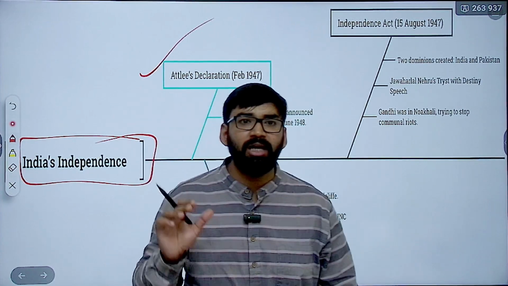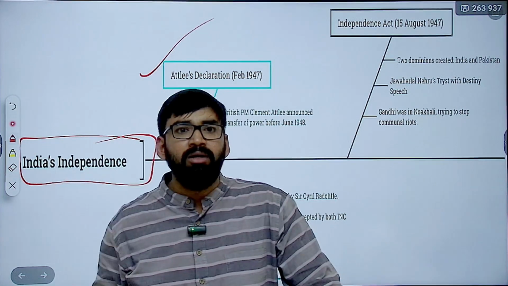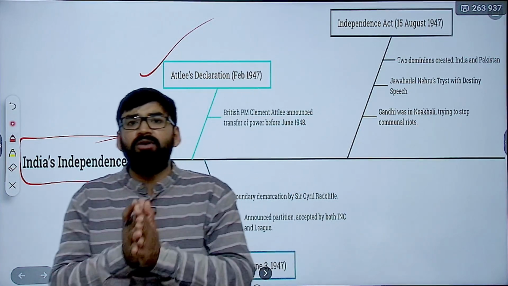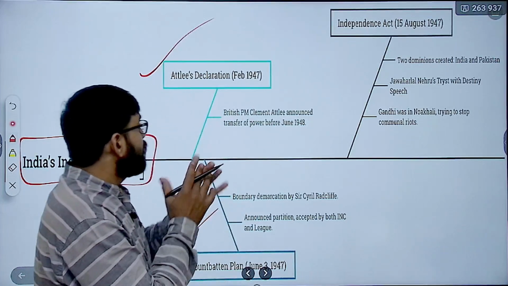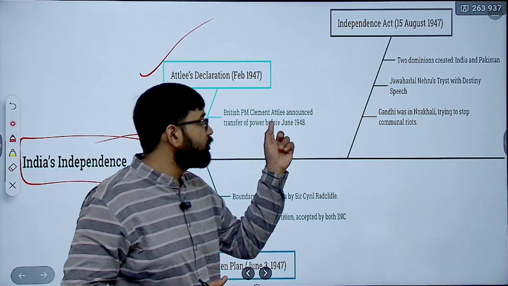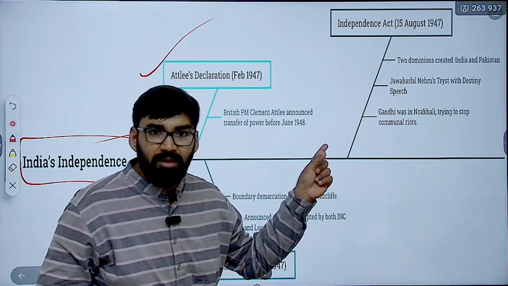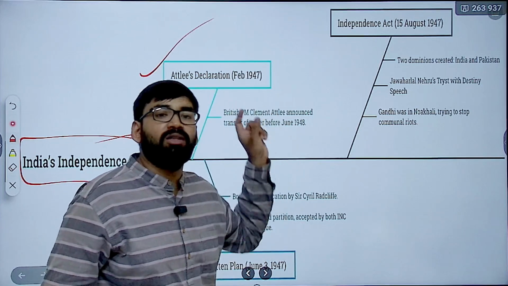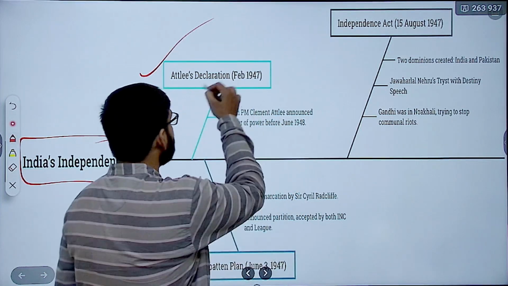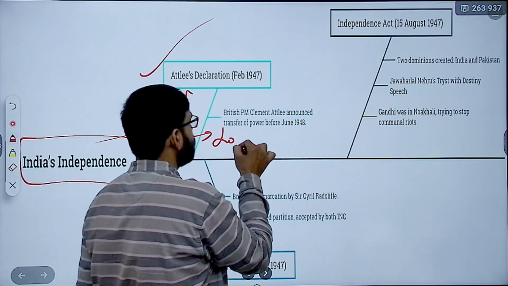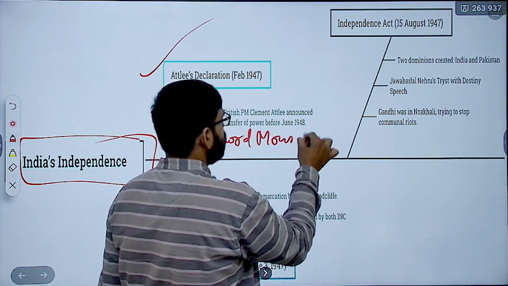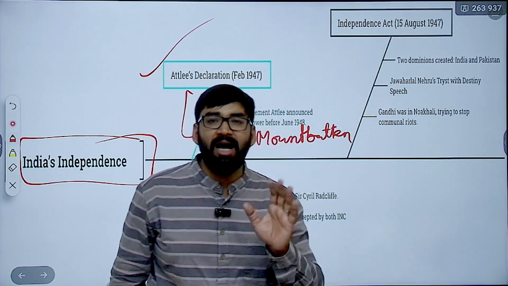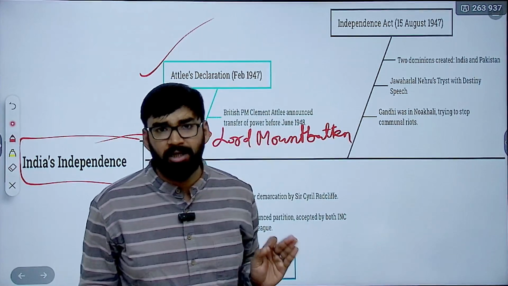Prime Minister Clement Attlee, in February 1947, announced that power would be transferred to India not later than June 1948. And for that, in this declaration they announced that Lord Mountbatten will be sent to India as the last Governor General of India.